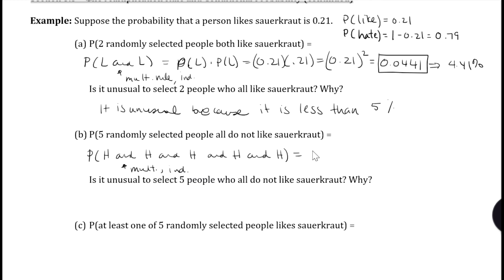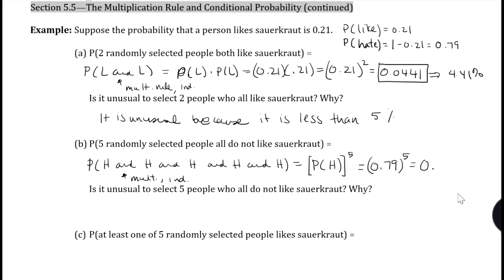So we're going to have the probability that we hate it to the 5th power, because we're going to multiply this by itself 5 times. So we're going to have 0.79 to the 5th power, which is 0.3077.